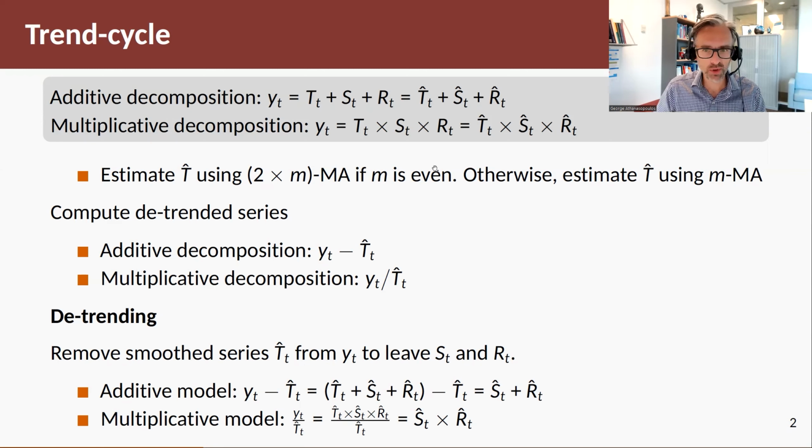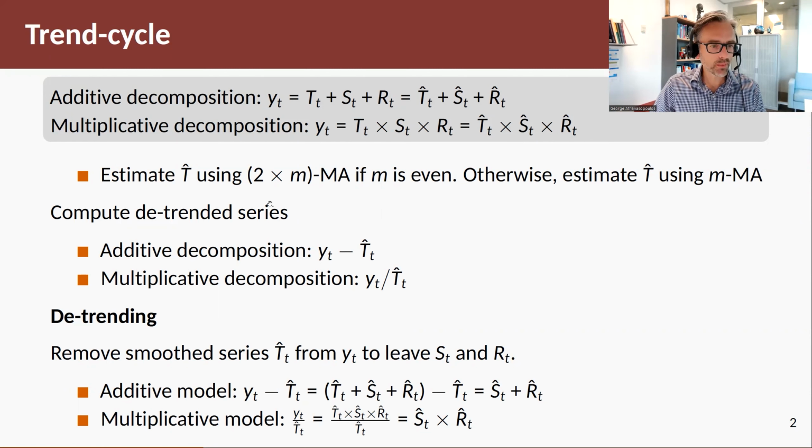And we start off with this because when the method originated, most of the data available would have been monthly or quarterly data. Higher frequency data was very rare back then. Otherwise, if we do have higher frequency data, if we do have daily data, for example, then use a 7-component MA. So if you do have data with periodicity that is odd, use an M-component MA.